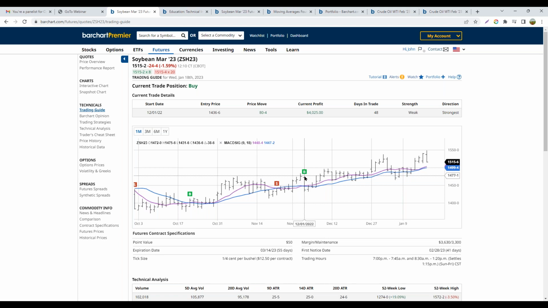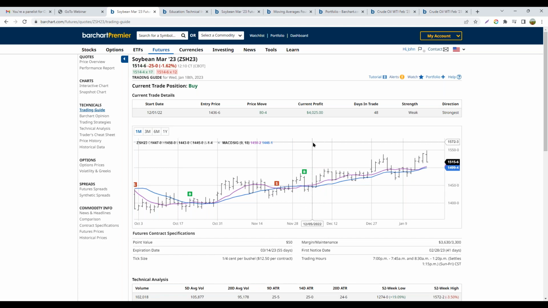Now on the buy signal day, what did price do? Well, it fell back below our moving averages, not giving us a lot of confidence in this buy signal. But this is where a delayed entry may play into our favor.